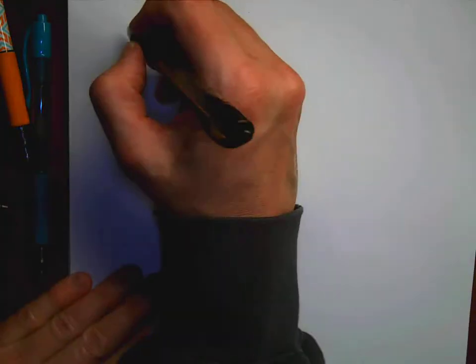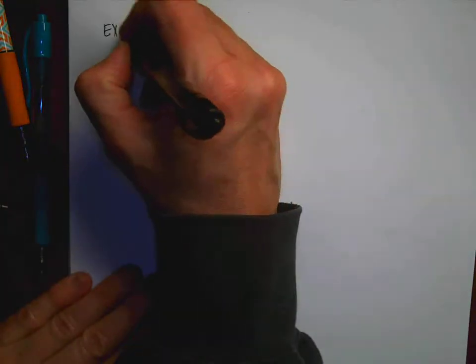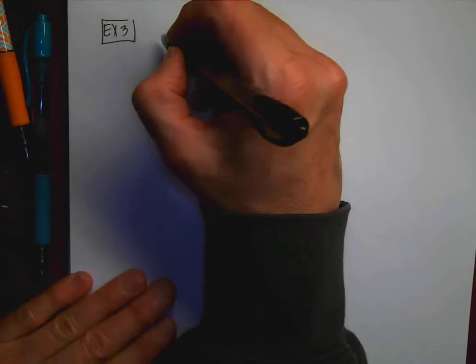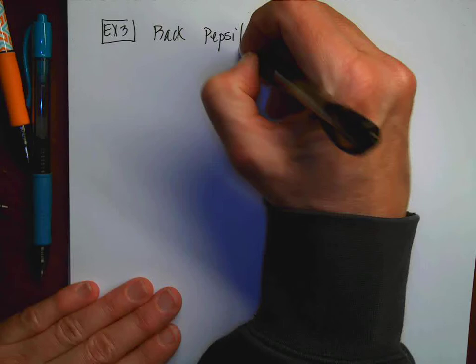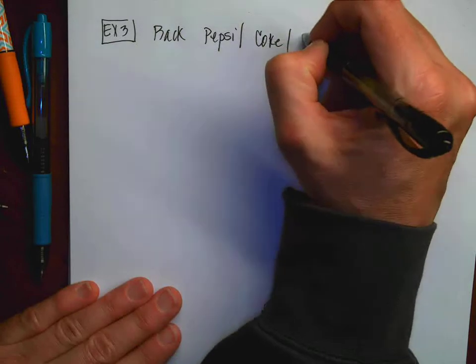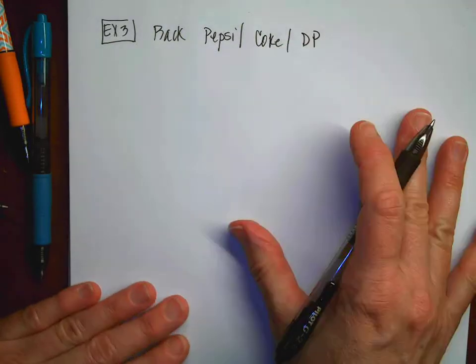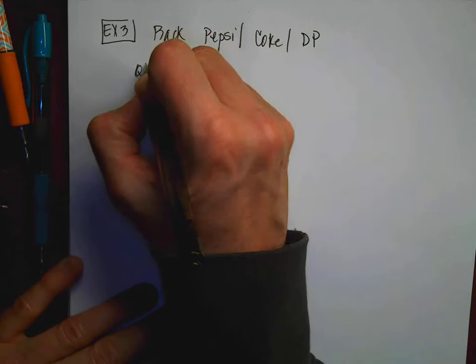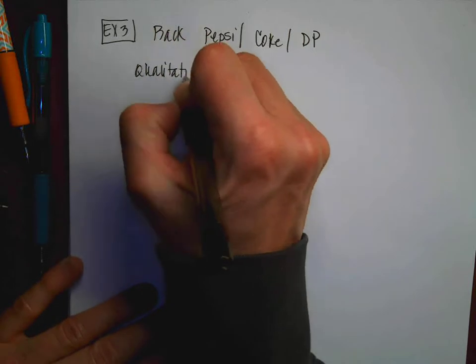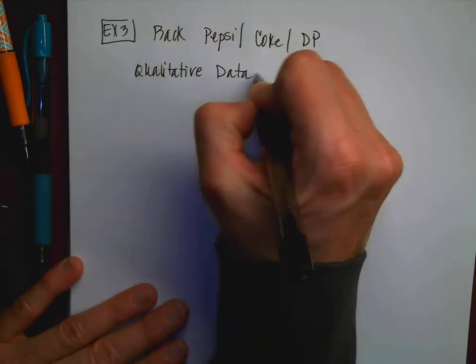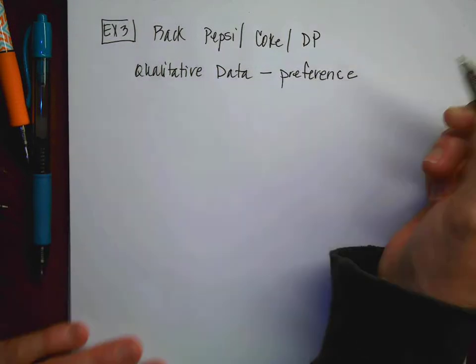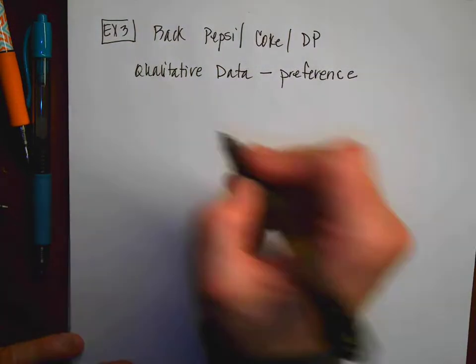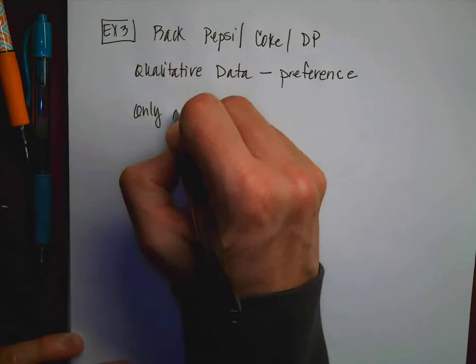Alrighty, so I want to go back for our last example and talk about our Pepsi and Coke numbers that we had done before. So this is our example number 3, and I want to go back to our Pepsi and our Coke and our Dr. Pepper example that we did a couple of days ago. This was qualitative data. Remember, that was a preference instead of maybe an unemployment rate.